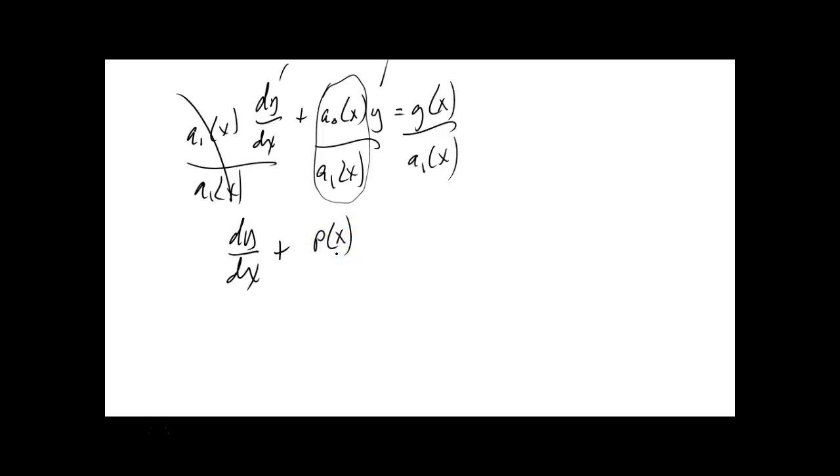Now, the y stays y. This function is a function of x alone. It may be a rational function. It may not. The a1 of x could be a constant. So, whatever it is, let's give it a new name. Well, how about f of x? So this is really another way to express a linear function in y. And again, this is to the first power, that's to the first power.